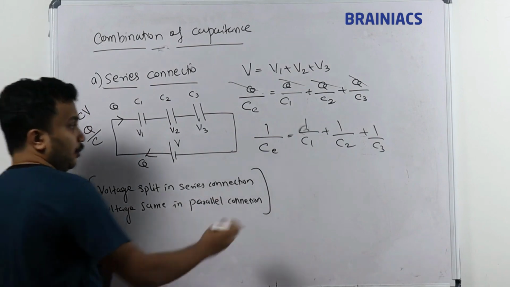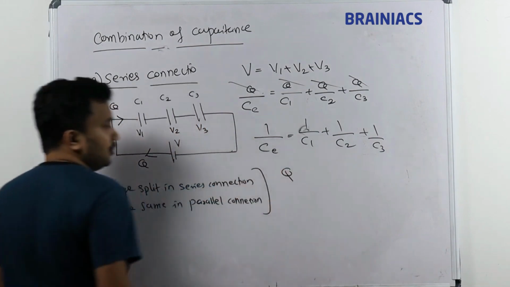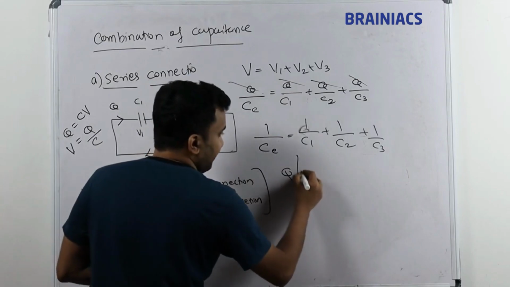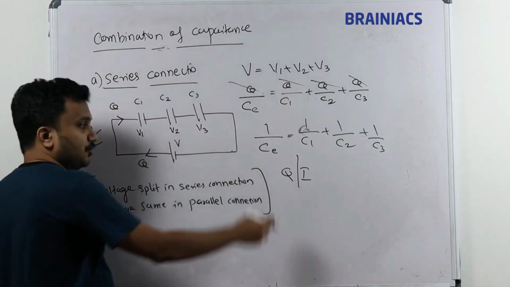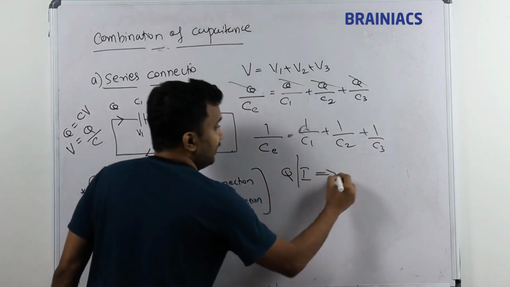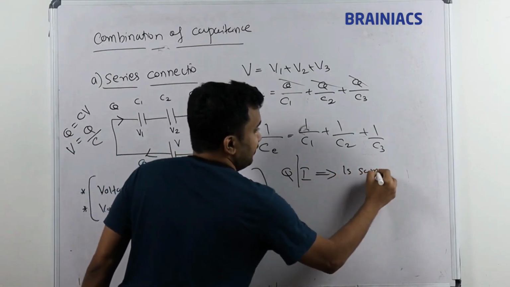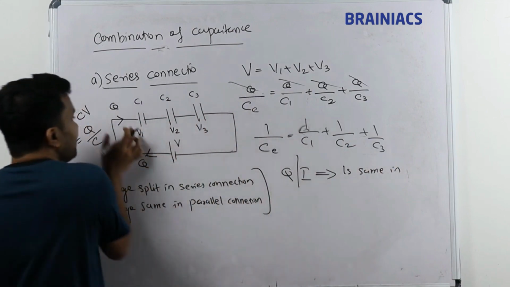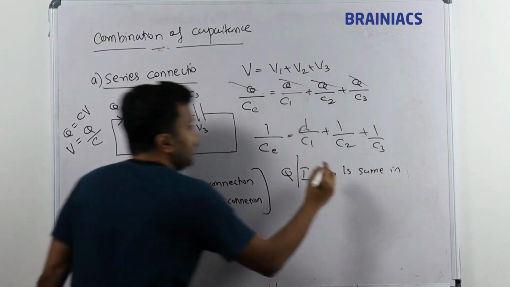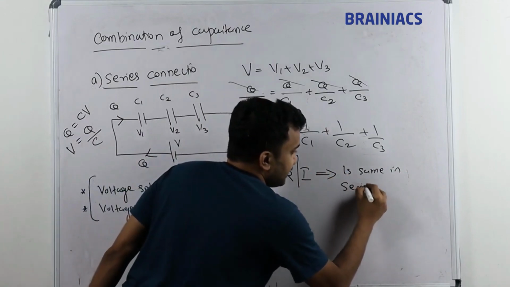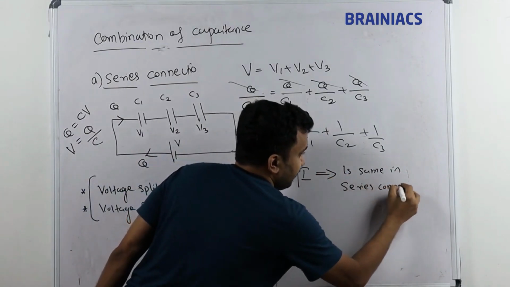Here I have to add 1 more point. Charge Q, or I also call it current, since current is required in current electricity. So charge or current is same in which connection? The same charge will be here, same charge here, same charge here. It is the same in series connection. This is important.